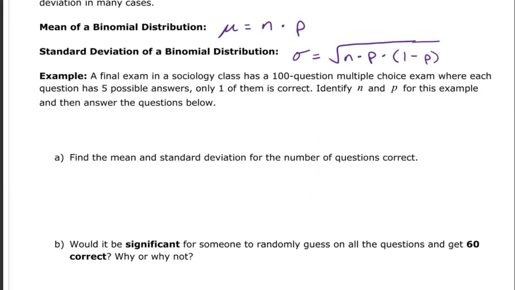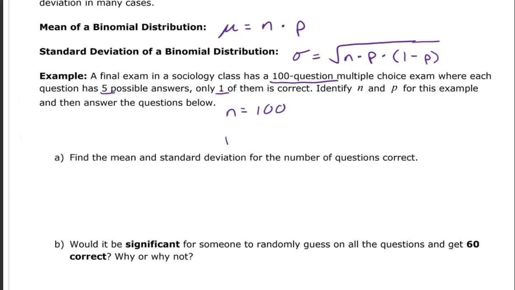And where that might come into play is, let's say you have a final exam in a sociology class that has 100 questions. There are 5 possible answers with one of those correct. Identify n and p. Well, n obviously is 100.